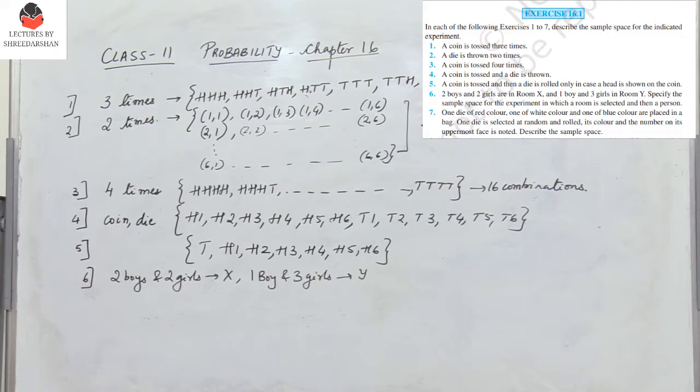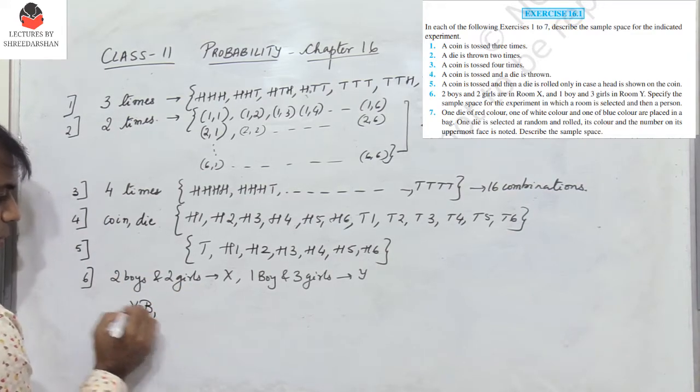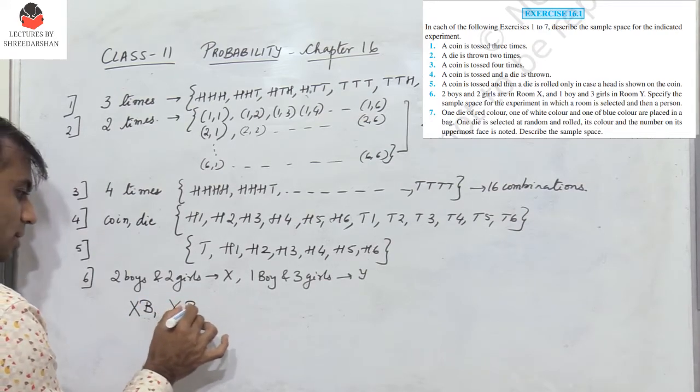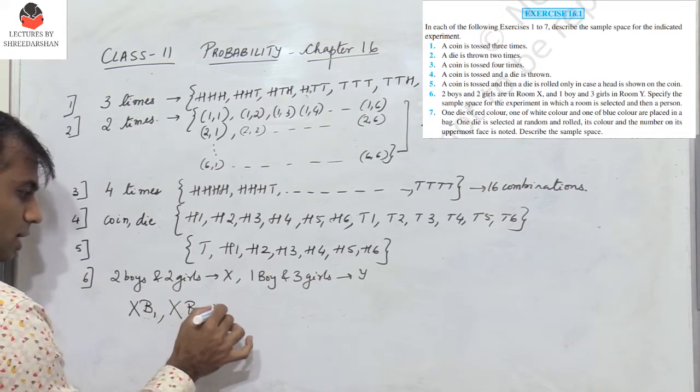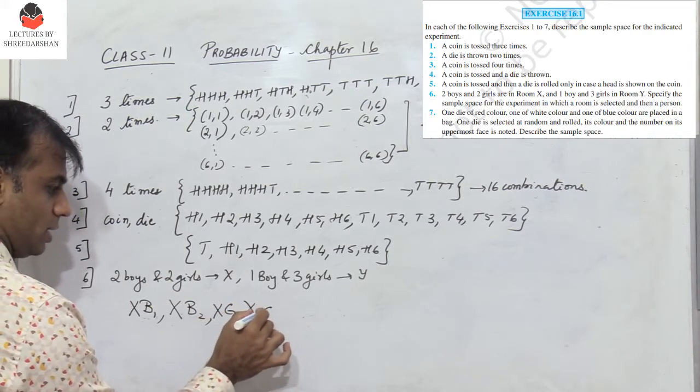What happens if I select room X? Then I am selecting one of them. So I select room X, boy 1, or room X, boy 2, or room X, girl 1, room X, girl 2.